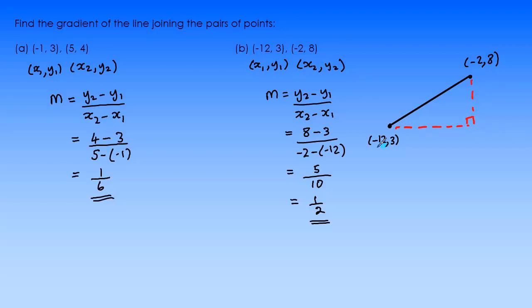And then we just say going from -12 to -2 must mean I'm going across by 10. From 3 to 8 must mean I'm going up 5. And then the gradient is the rise divided by the run, which gives us a half. So the formula sometimes is very useful, but you can also do this just by sketching and figuring out the rise and the run.